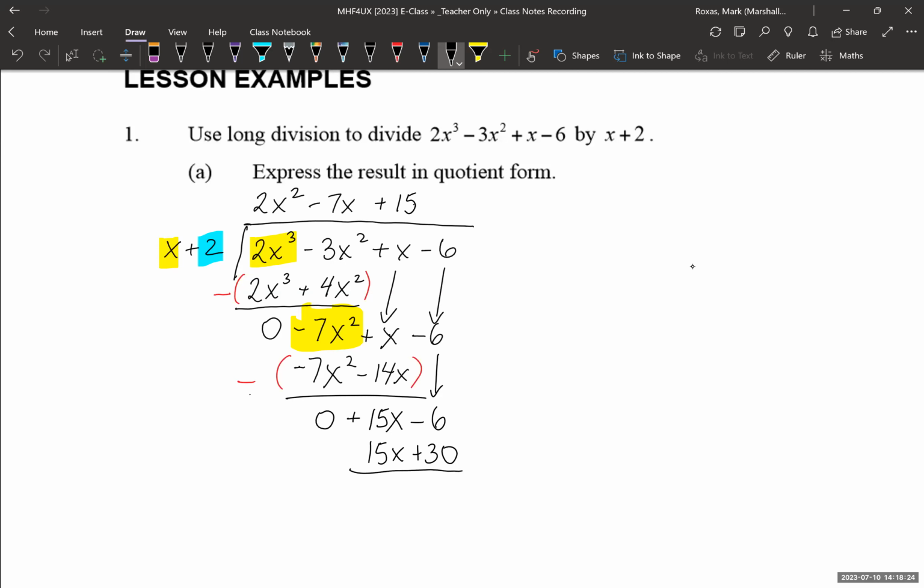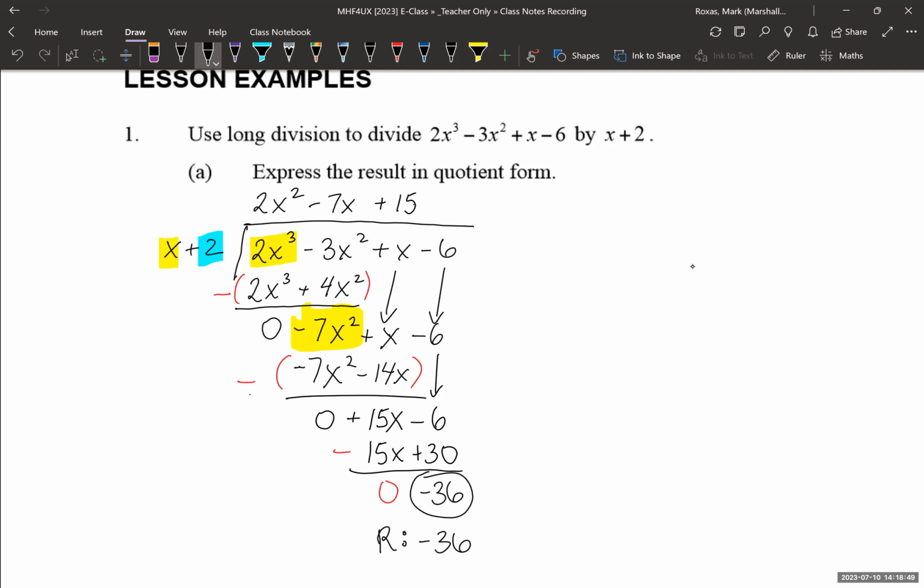And then I subtract 15x, take away 15x is 0. Minus 6, take away 30 is minus 36. And there is our remainder, minus 36.